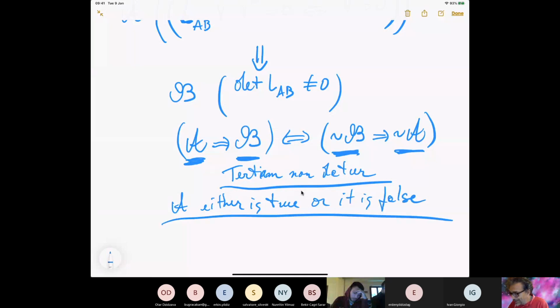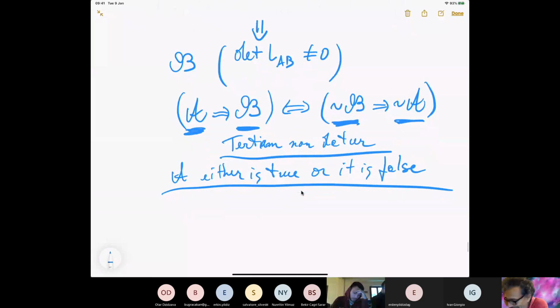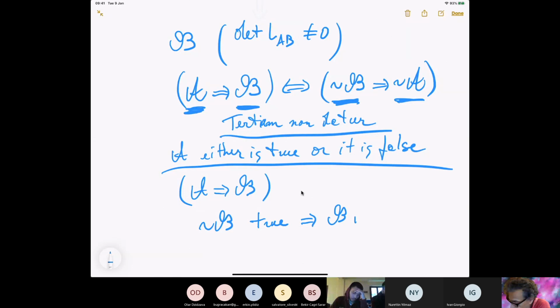So let us slowly say this in detail, because I'm afraid that you didn't study these things in detail enough. Imagine that A implies B, and then you know that non-B is true. If non-B is true, then B is false.